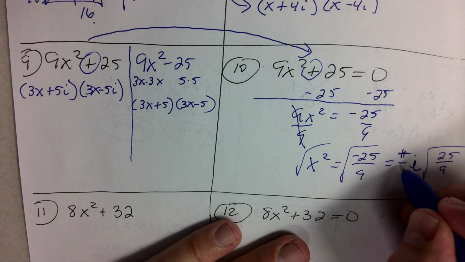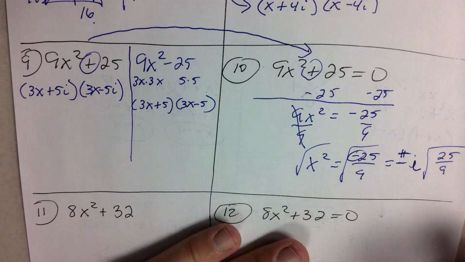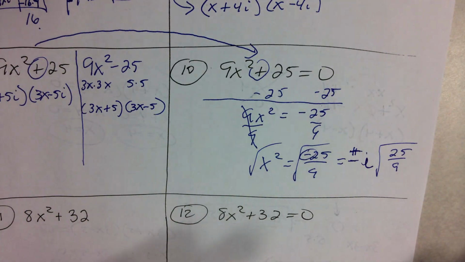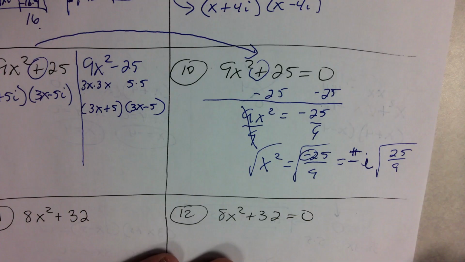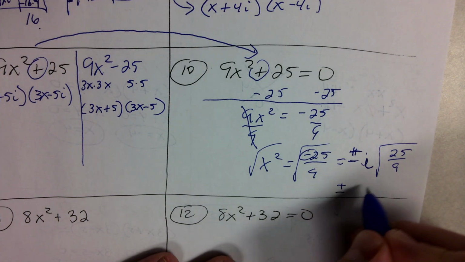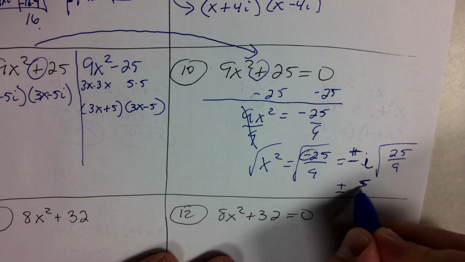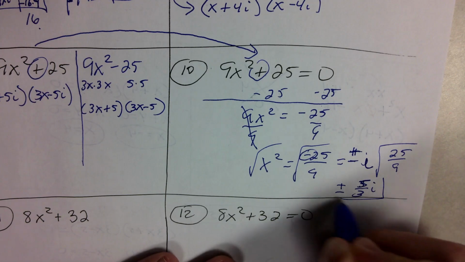Okay, plus or minus. I'm going to pull the i part out. Sorry guys, I'm getting off. So this is plus or minus 5 over 3 i.